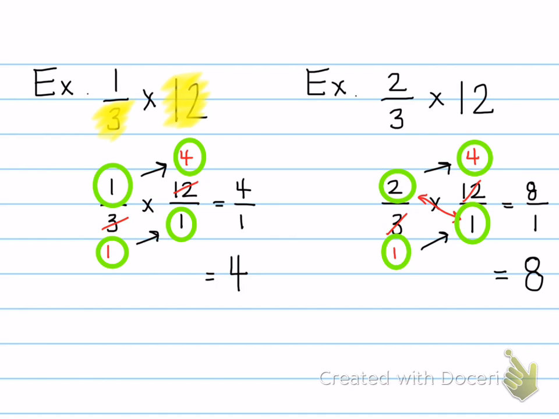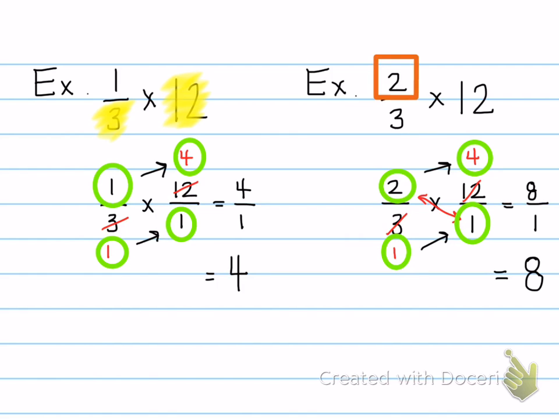Now I want you to think about this problem. If we're taking 2/3 of a number, and remember how we talk about fractions, 2/3 means 2 equal pieces of size 1/3. So if you're actually thinking about this, if you say, well, I know 1/3 of 12 is 4, and I need 2 of them, it's just 2 4s, which equals 8.